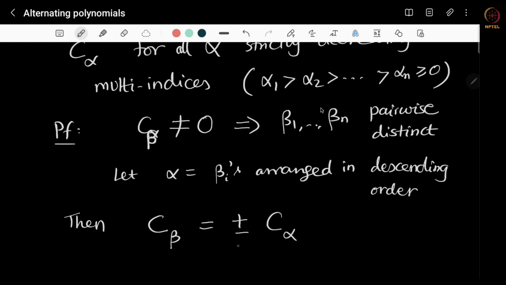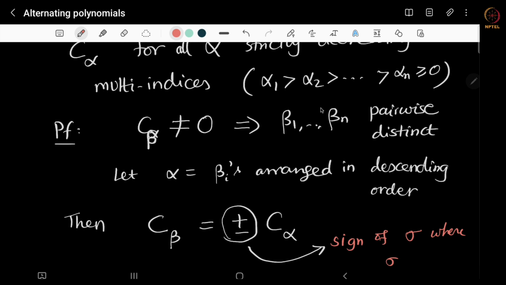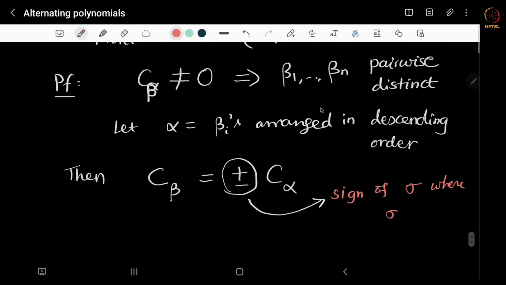And what is this plus minus sign going to be determined by? It's just the sign of the permutation that you need to use in order to rearrange it in descending order. So this is just the sign of sigma, where sigma is what you need to rearrange alpha into beta or beta into alpha, so that sigma beta gives me alpha.